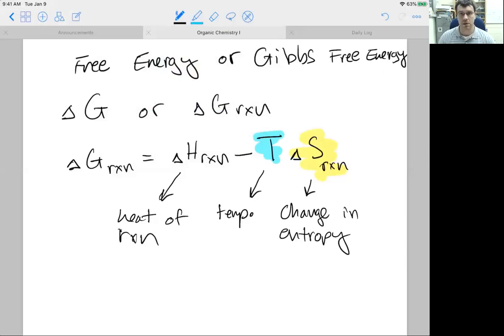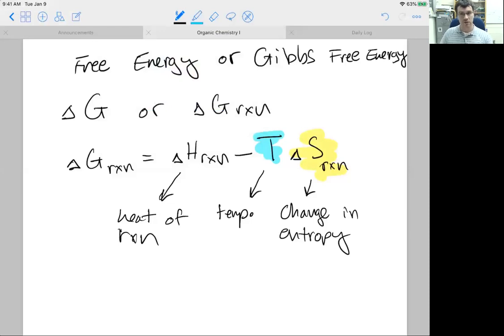We talked about what the delta means when we talked about the heat of reaction. It has to do with the change in energy that's being transferred out or absorbed in by the chemical system as it undergoes a chemical reaction. There's a delta in front of the S too, implying the change in entropy. We're always looking at relative entropy. What has more chaos and disorder, the starting materials or the products? Okay, so this equation gives us the delta G of reaction.